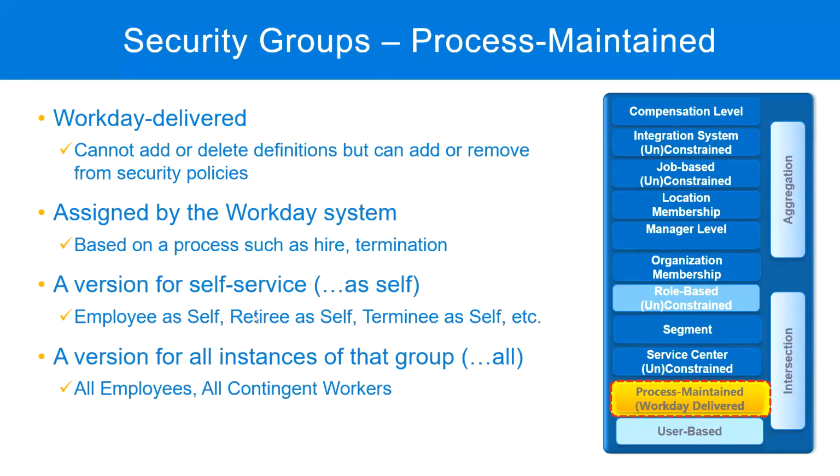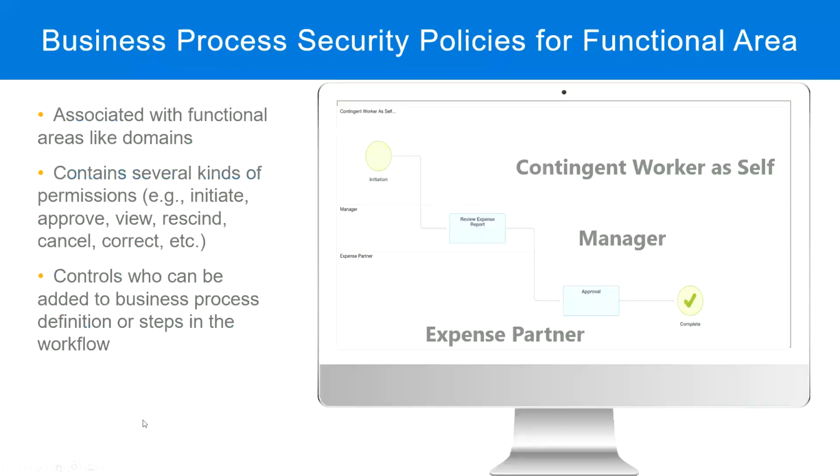So what is the other type of security policy that we have? The business process security policy, right? So the business process security policies are associated with functional areas, just like the domains. Because, if you remember, when we talked about functional areas, we had two components of functional areas.